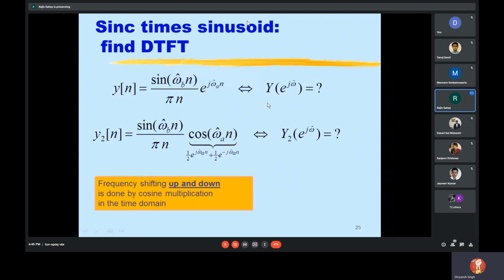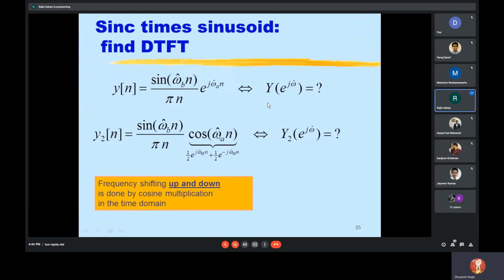Sinc times sinusoid. We are supposed to find the DTFT of a sinc multiplied with a sinusoid. So this is our sinc function, multiplied by a sinusoid. So what is its DTFT? That is the question. Or you can have something like this, a cosine function, and we want to understand what is the DTFT of this.